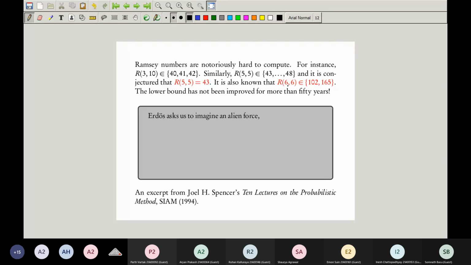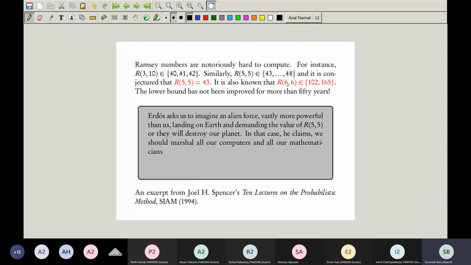And he says, imagine an alien force, vastly more powerful than us, landing on Earth and demanding, for some reason, the value of R55. So this is just tongue-in-cheek. I mean, why would they ask for the value of R55? You might wonder, but imagine that they simply care about R55 among all things, and they ask you the value of R55, or they'll destroy our planet Earth.